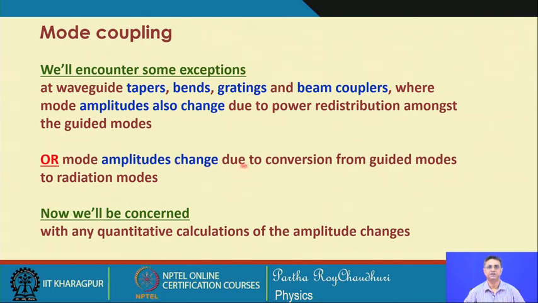Mode amplitudes change due to conversion from the guided modes to the radiation modes. Now, we will be concerned with quantitative calculations of the amplitude changes. So, that is the objective of the discussion, how we can quantitatively tackle the conversion of the modes or coupling of the modes from one mode to another, from one guided mode to the radiation mode, and so on and so forth.